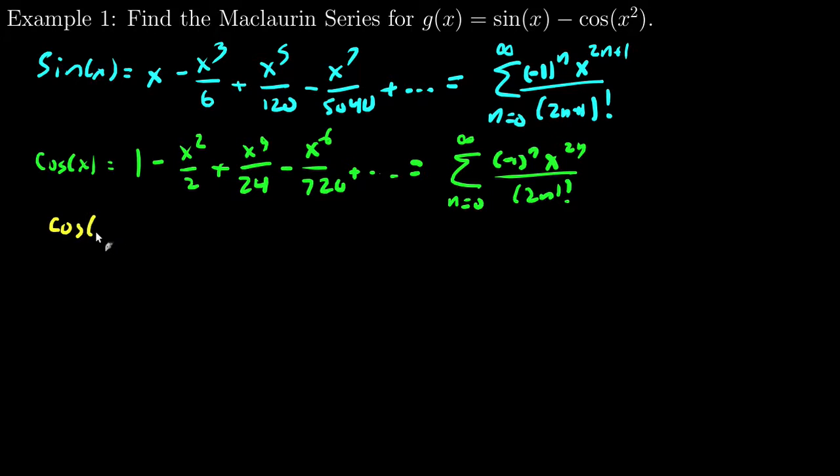So cosine of x squared is going to be the same thing, except everywhere I had an x, I'm replacing it with an x squared.